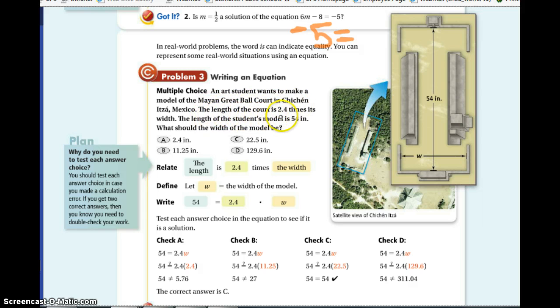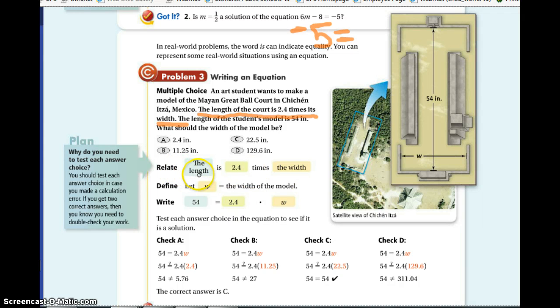The length of the court is 2.4 times its width. A couple sections ago, we talked about translating. So this is going to help us out a ton. The length of the court is 2.4 times the width.